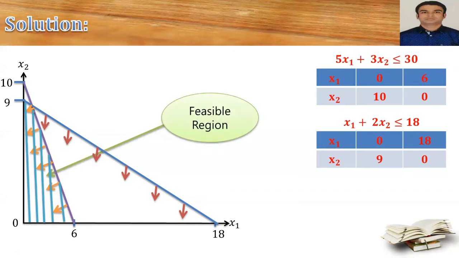After finding the feasible region, mark the corner intersection points in that region.